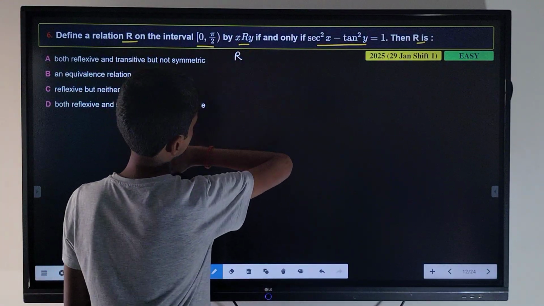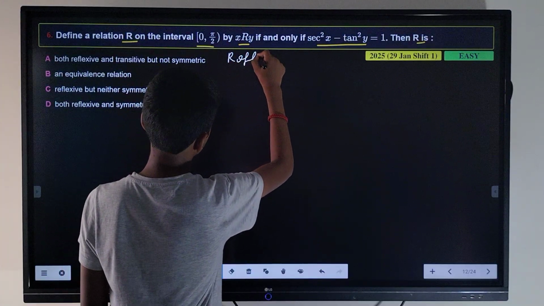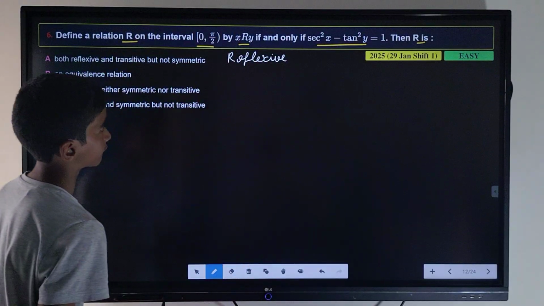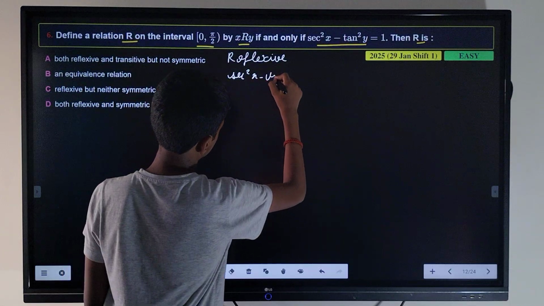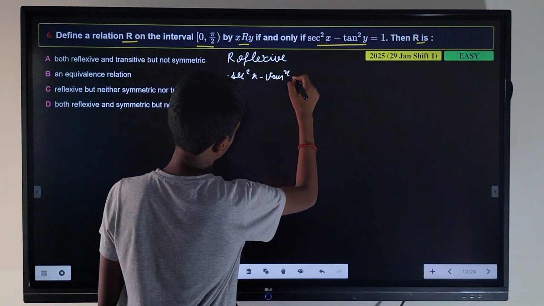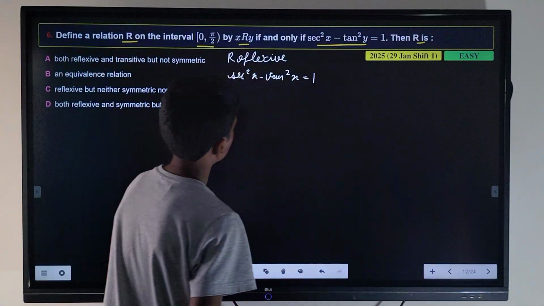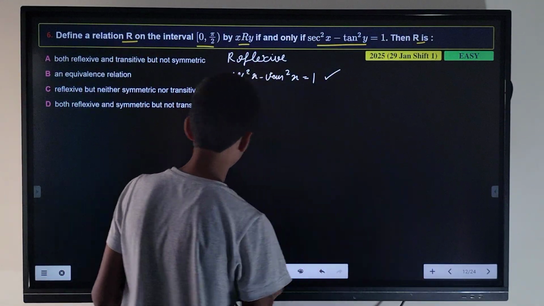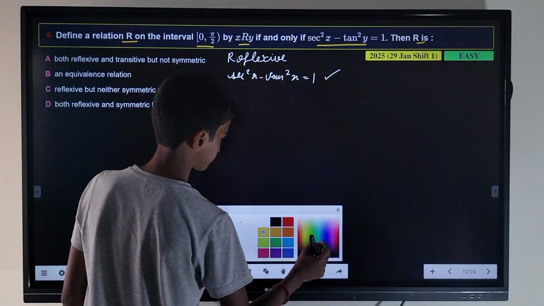Our R is reflexive. Now for it to be reflexive, our sec square x minus tan square x should be equal to 1, which is obviously true. It's an identity. So from here our relation is reflexive.